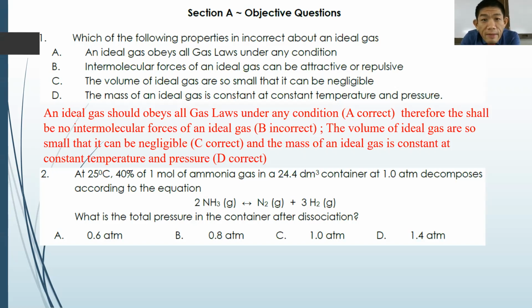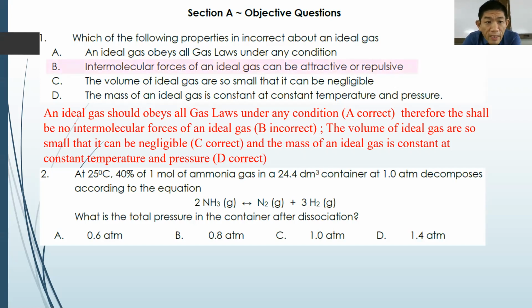So the answer B is incorrect because it says that it can be attractive or repulsive. It should be no intermolecular forces. And C is correct because the volume is so small that it can be negligible, and the mass of an ideal gas is constant under constant temperature and pressure. Therefore the answer which is incorrect about ideal gas is B.